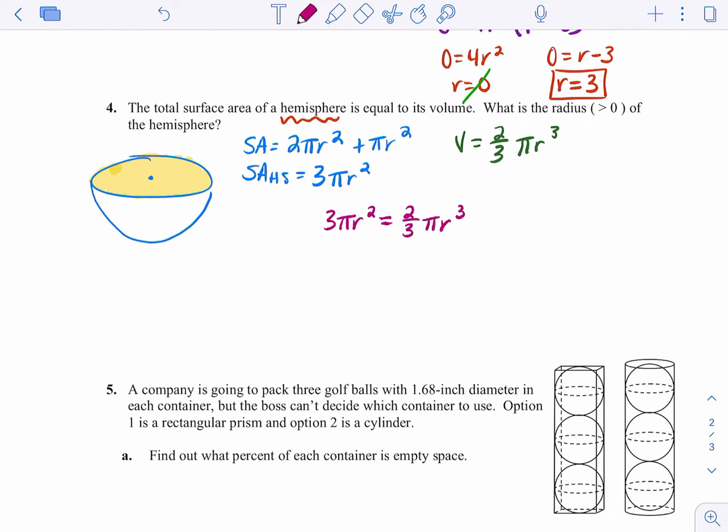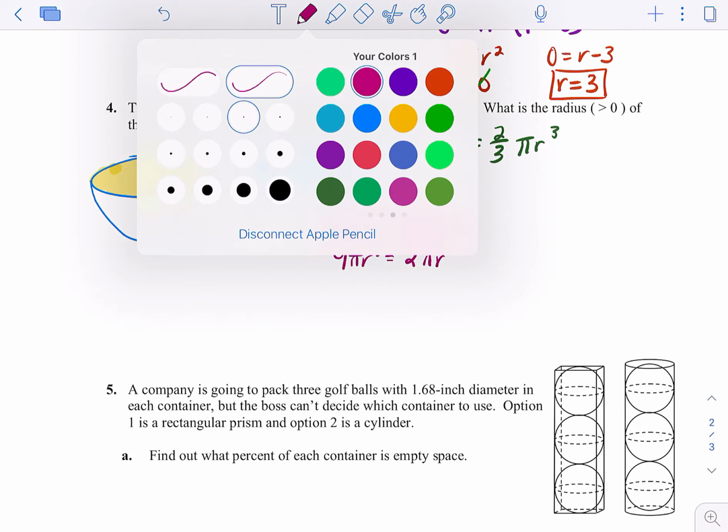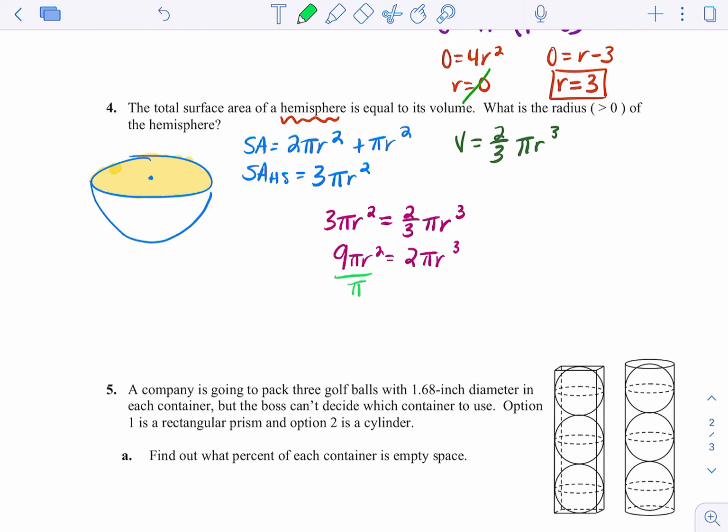All right, not necessary, but I think super helpful. We can multiply by 3, so that makes this 9 pi r squared equals 2 pi r cubed. We can divide by pi and cancel them, so the pi's are gone.